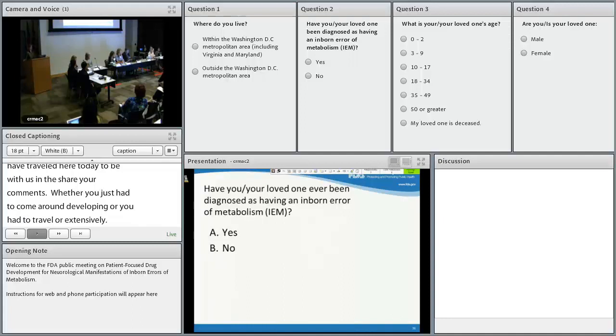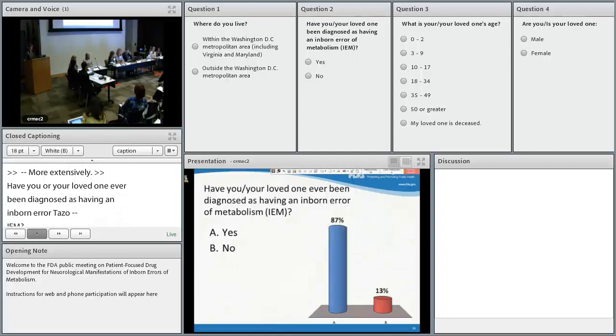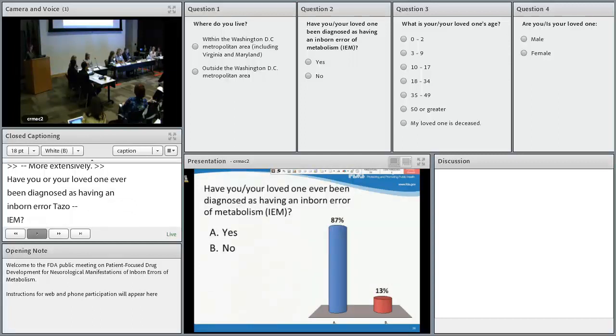Have you or your loved one ever been diagnosed as having an inborn error of metabolism? Yes, so it looks like, if I have to do some math calculations in real time, more than 25 of you here are representing a patient, or you're here for yourself.